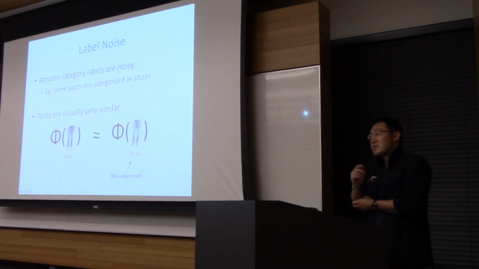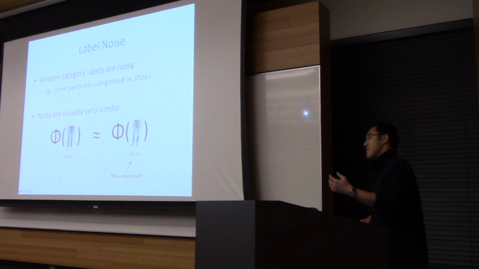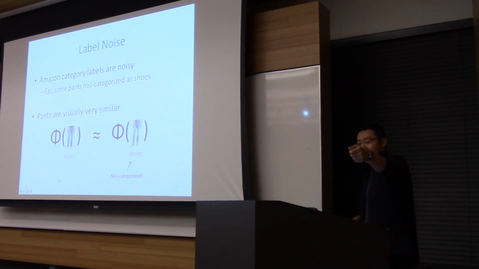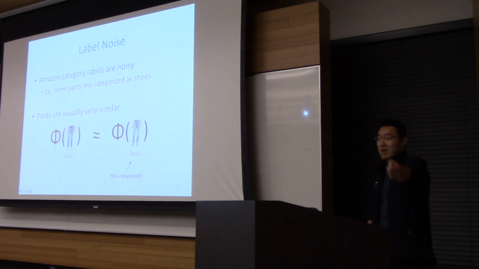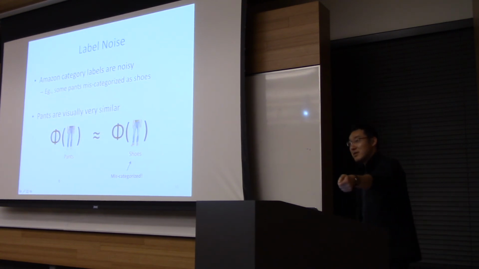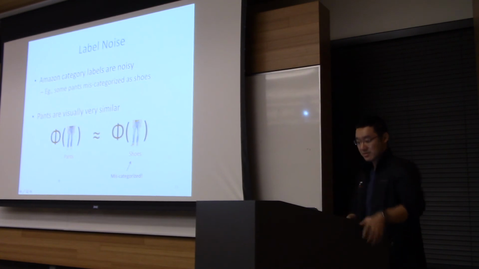So if you just did a naive find the closest shoes to these pants in the embedding space and recommend that, you're going to recommend pants as shoes because of the label miscategorization, right?